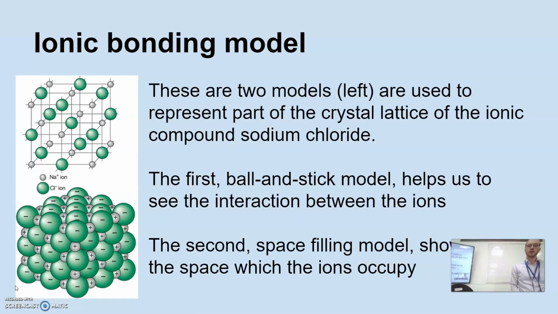The ionic bonding model: crystal lattice structure, regular arrangement. It's this regular arrangement of alternating ions according to its ratio. In sodium chloride, there's 1 sodium ion to every 1 chloride ion, so it's a 1-to-1 ratio. In lithium oxide, you would have 2 lithiums to every oxide ion.